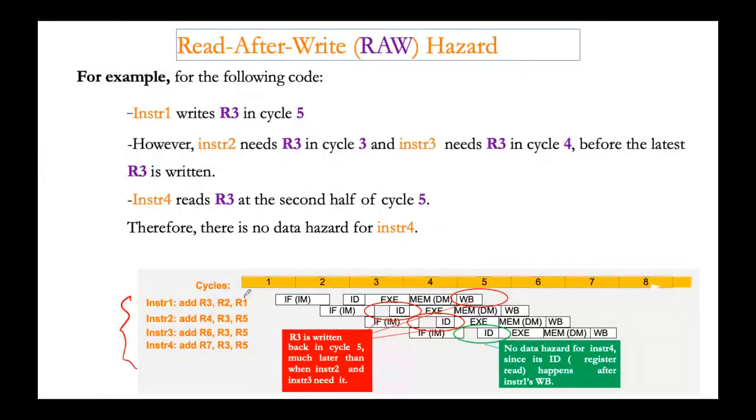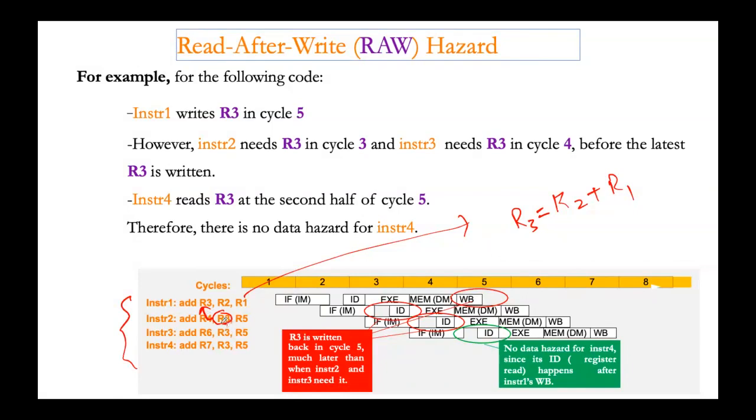From the first instruction, it is clear that it adds R2 with R1 and stores the result into R3. When the second instruction is going to execute in this pipeline, the source operand is read after writing this register R3 in instruction 1.